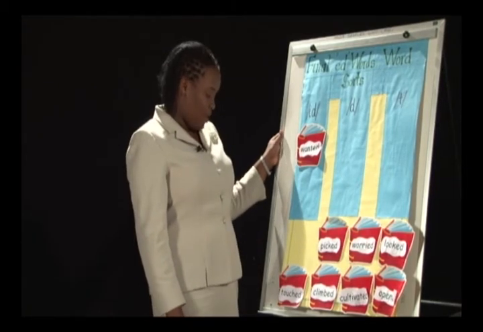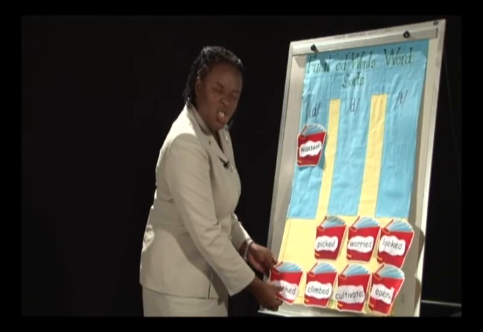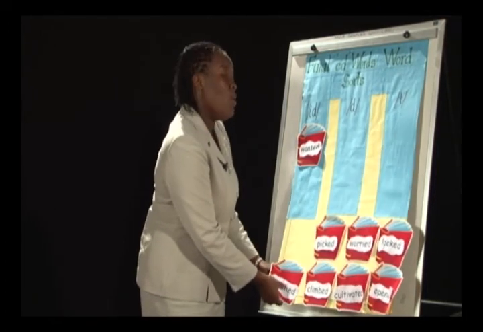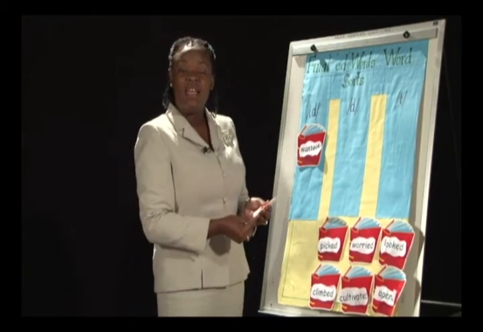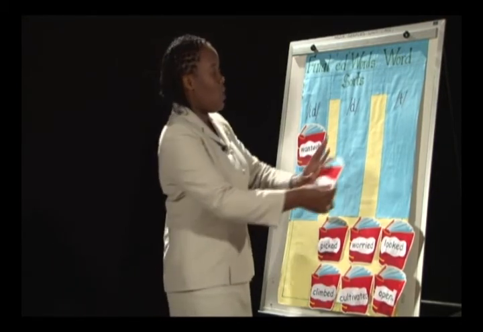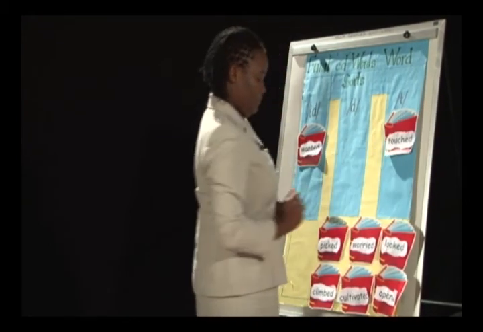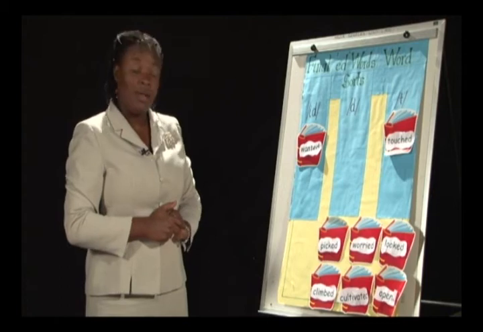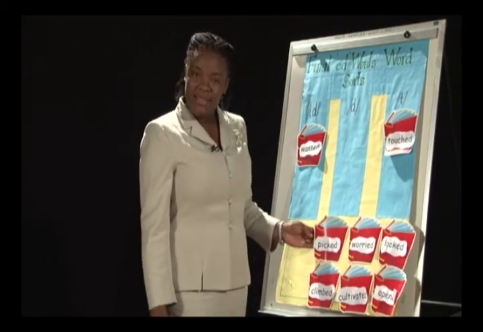Let's do another one. This is the word touched. What is the sound? Yes, it is the t sound. So we put it over here. Let's do another. The word picked.